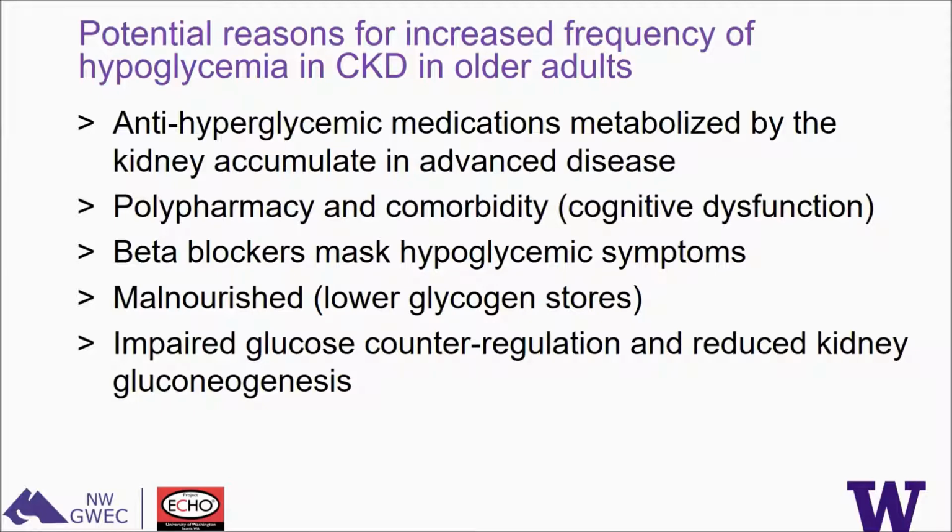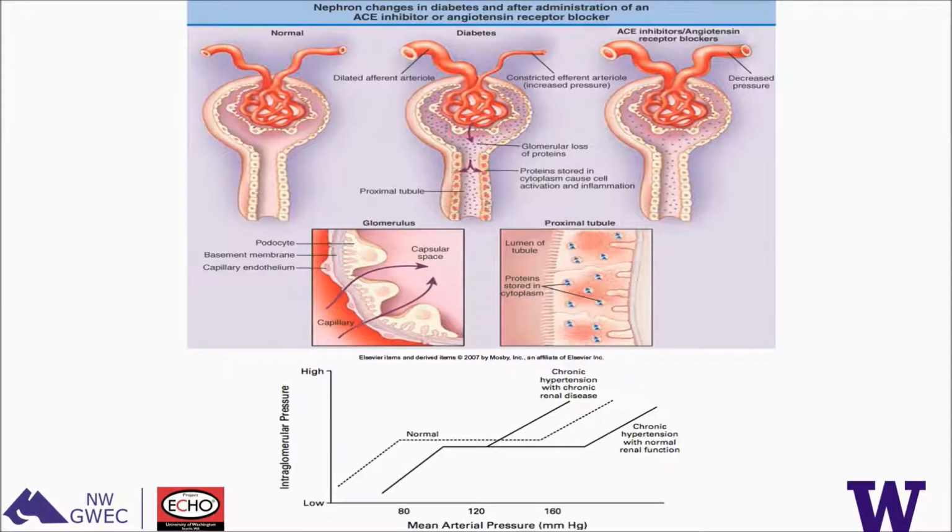So what are the reasons for this challenge with treating glycemic control? Well, the anti-glycemic meds are metabolized by the kidney and can accumulate. Insulin in particular is cleared by the kidney, so it can last longer. You also have the fact that in kidney disease, the kidney is a substantial organ of gluconeogenesis, so it's a counter-regulatory organ to prevent hypoglycemia, and that is impaired.